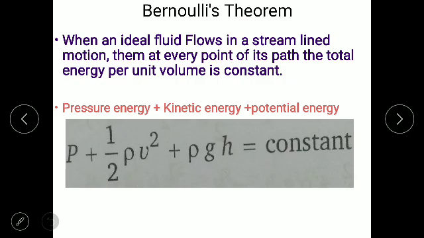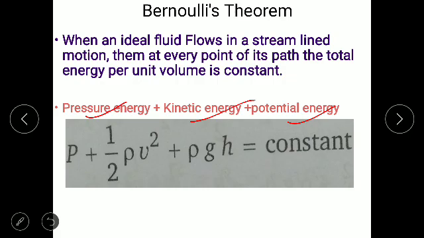Then at every single point the total energy will be conserved or constant. What energy am I talking about? The pressure energy, kinetic energy and potential energy, that is per unit volume. Not only energy, it is energy per unit volume.